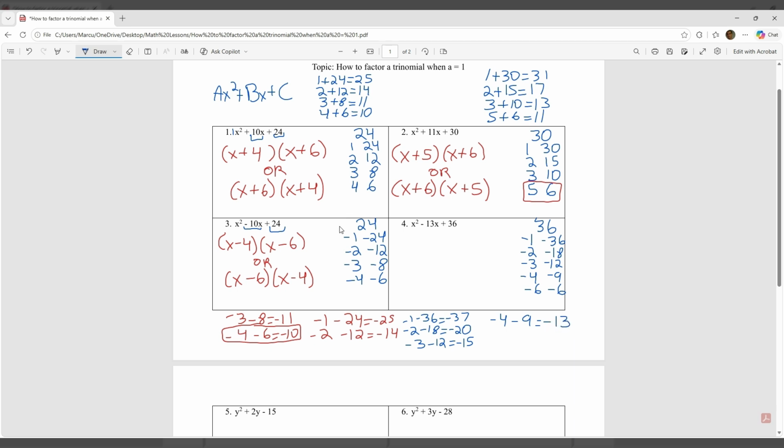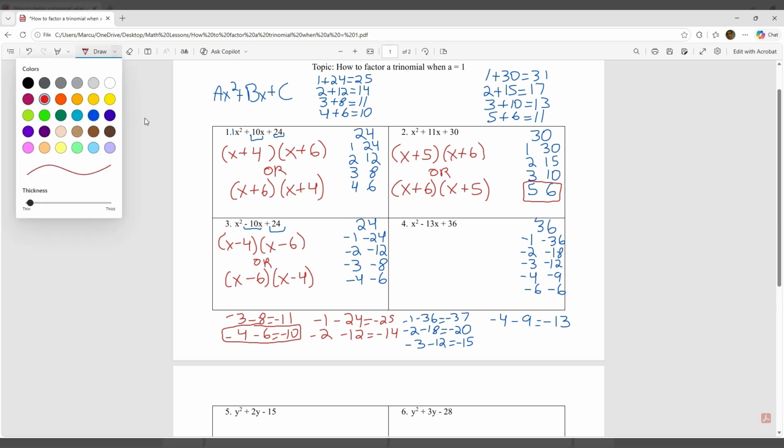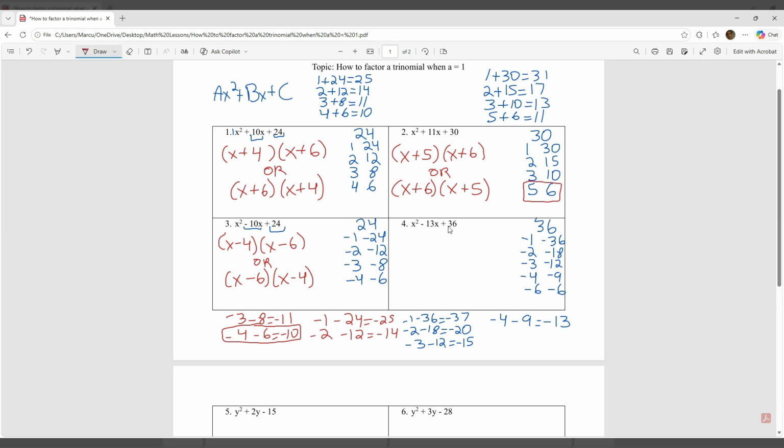So guess what? You can stop right here. You do not even need to try the next pair. So again, the order does not matter as long as you have both numbers. So make sure you have that down on your paper.